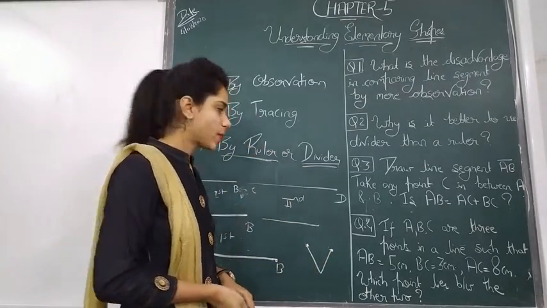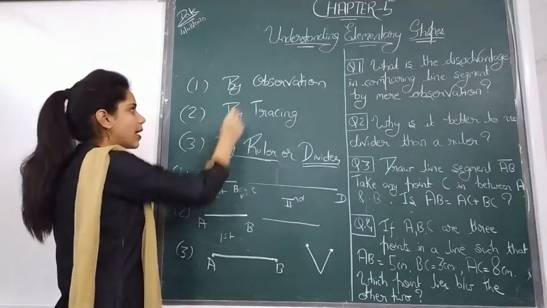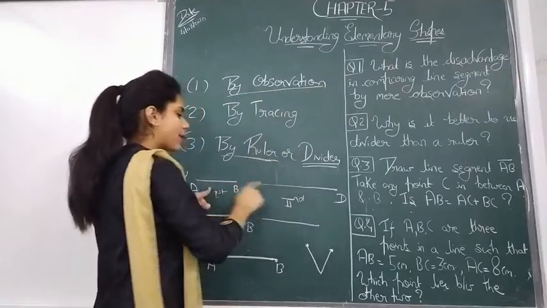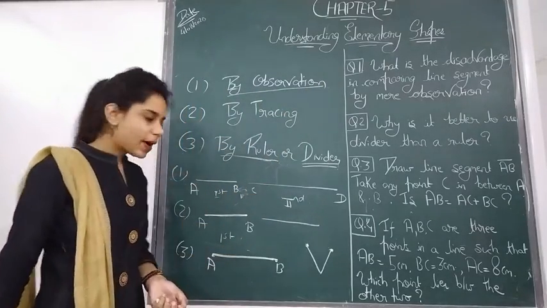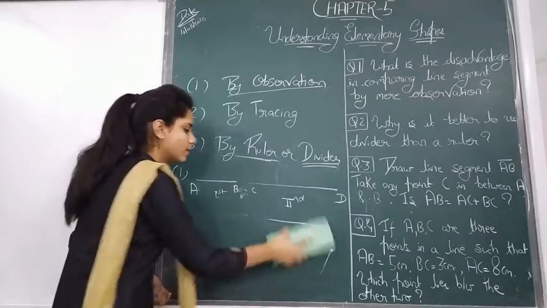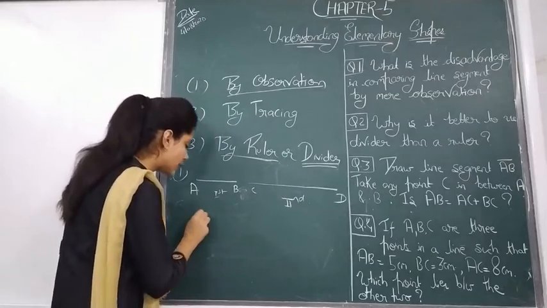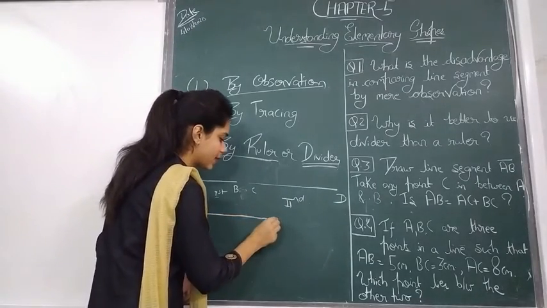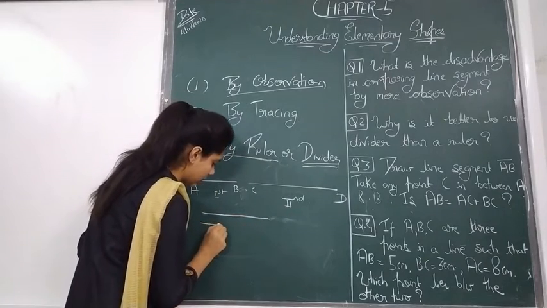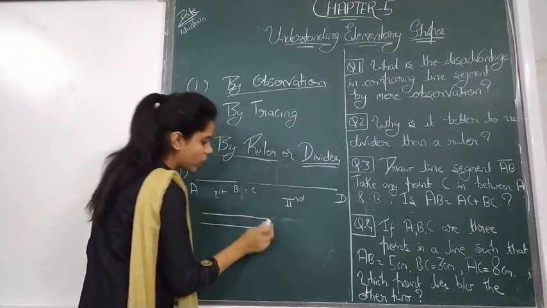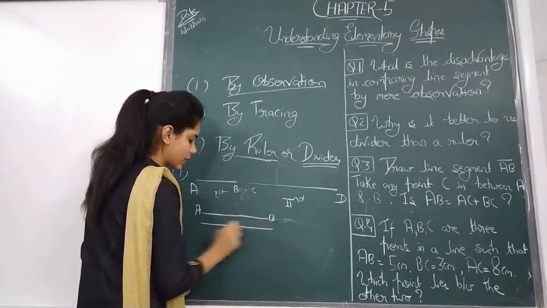Now by comparing these two lines by observation, we can say AB is smaller than CD. But suppose these are two lines, this is AB and this is CD.